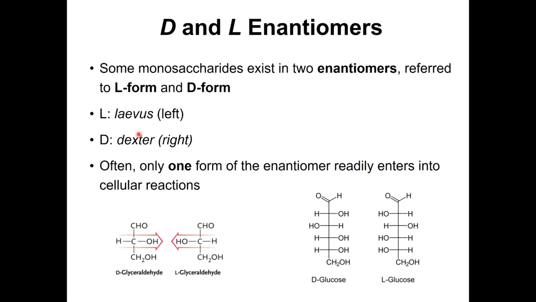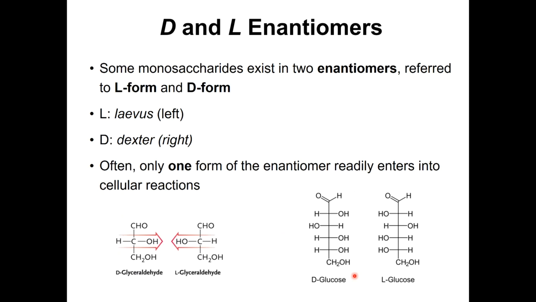D comes from the Latin word that means right in English. L stands for levis, which means left in English. This is an older way of classifying, by the way. These two forms are mirror images of each other, considering this carbon here, and therefore they're not superimposable. So they're considered enantiomers.